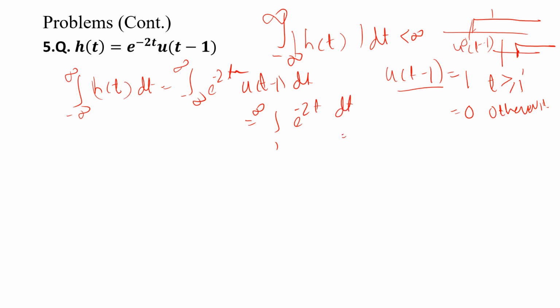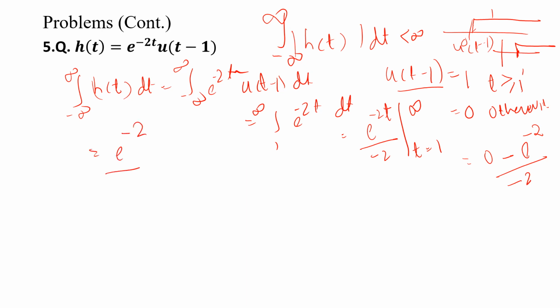It is equal to e to the minus 2t by minus 2, from t equal to 1 to infinity. e to the minus infinity is 0, so 0 minus e to the minus 2 by minus 2. So it is equal to e to the power minus 2 by 2. So it is less than infinity. As this condition is satisfied, this is a stable system.